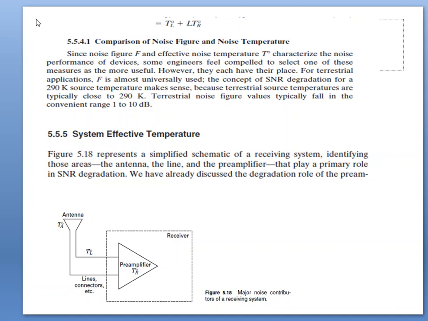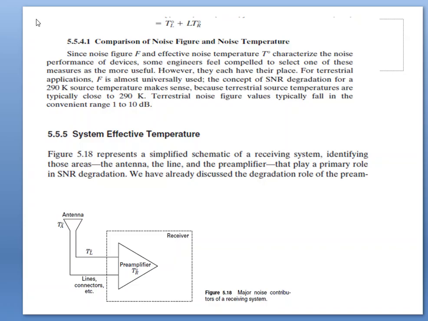We find the system temperature by adding together all system noise contributions, and the summation of total system noise is equal to the antenna temperature noise and the composite temperature of the line and the preamplifier.